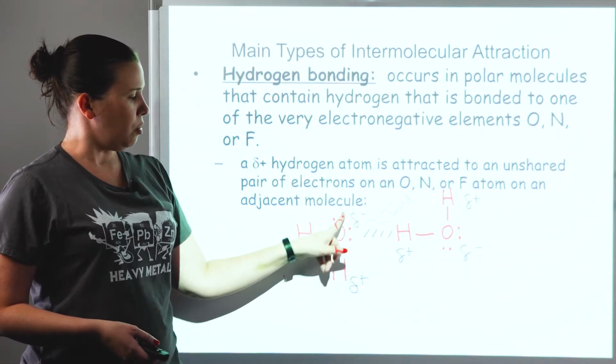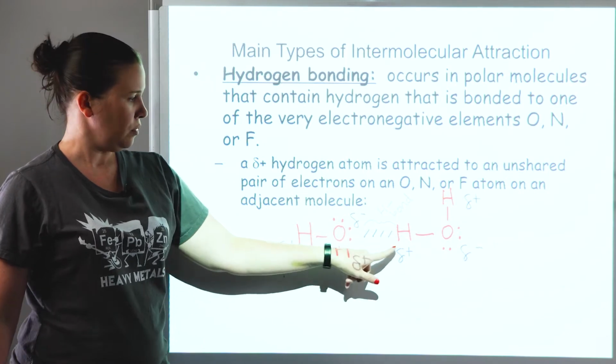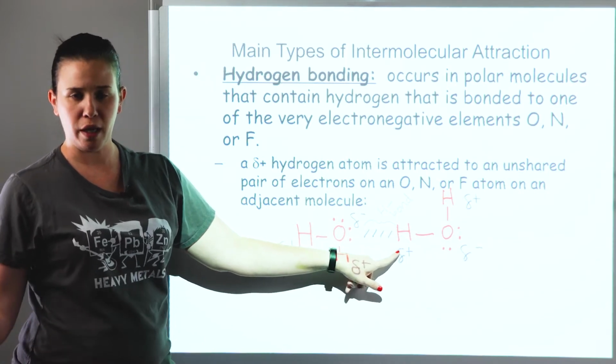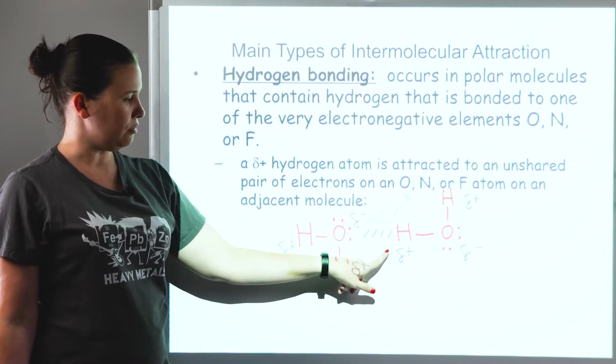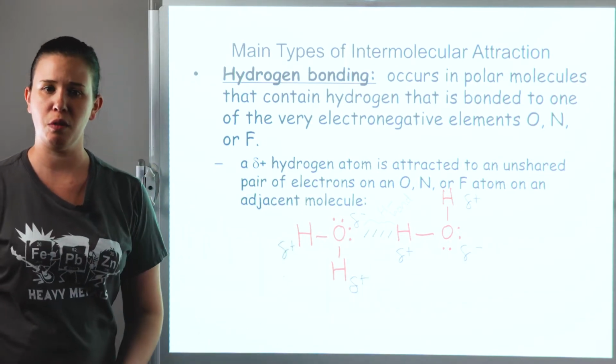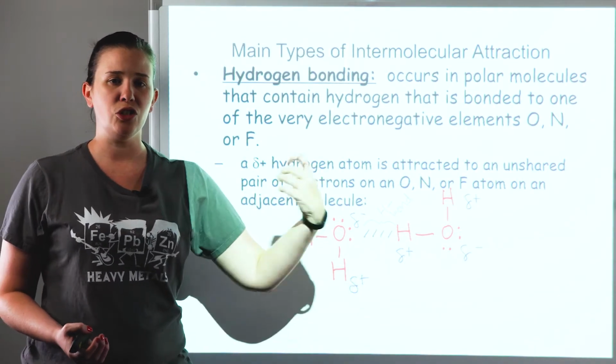What that means is this partial negative is way more negative than any other type of dipole, and this hydrogen is much more positive than other types of dipoles. So we have a great difference in charge. And as we talked about before, whenever you have a big difference in charge, you're going to have an increased strength here.